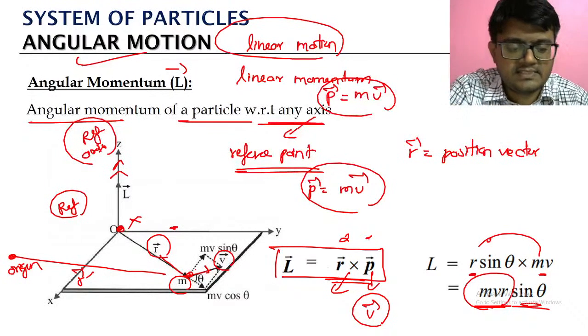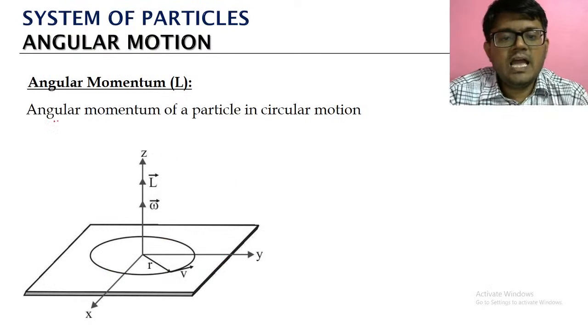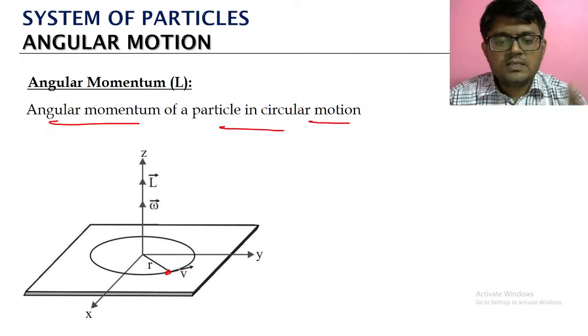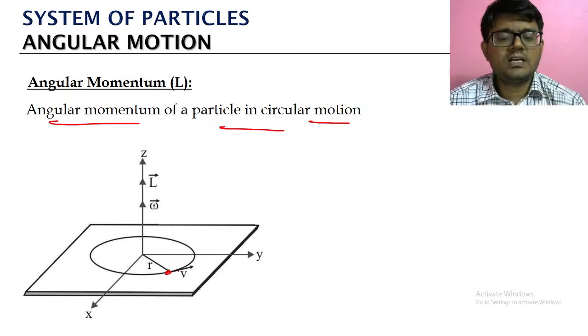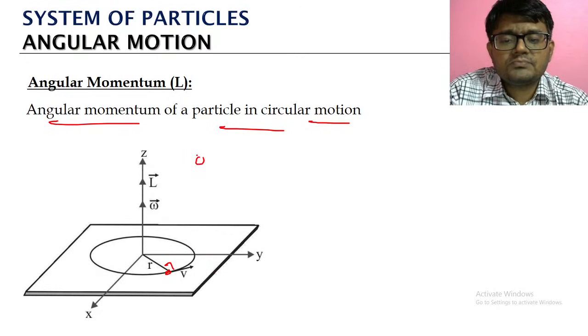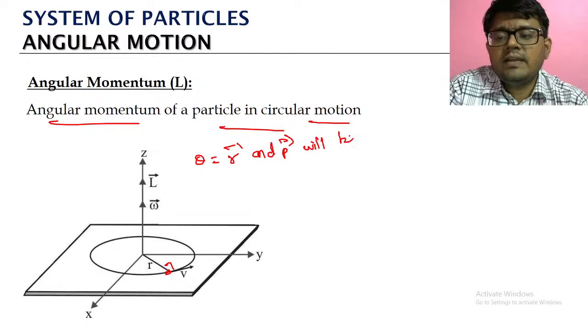அடுத்து பாருங்க, this is what we are talking about, the angular momentum of a particle which is in circular motion. இங்க பாருங்க, circular motion இருந்தா what is the change going to be? மத்ததெல்லாம் அப்படிதான் இருக்கும். What is the change going to be? The angle theta between R bar and P bar, அதோட வேல்யூ என்ன?